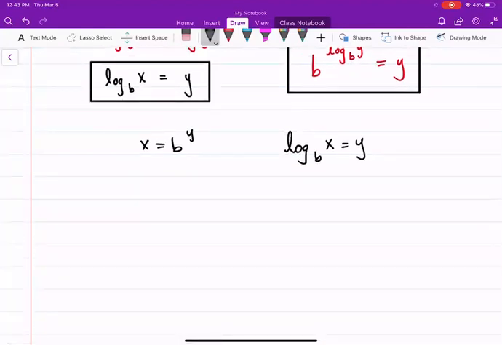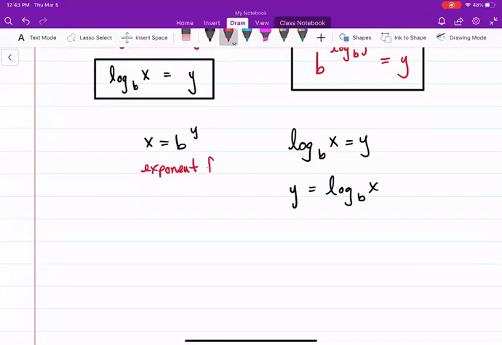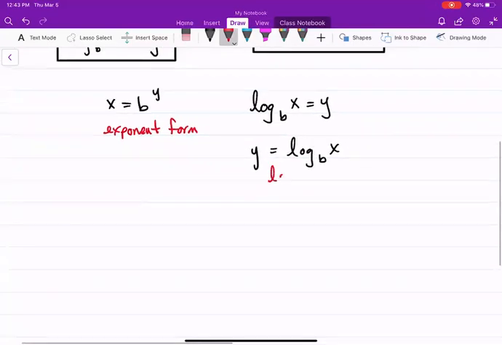Or better yet, I should rewrite this on something I'm familiar with. So the only difference is that this would be the exponent form, and this here would be my log form.